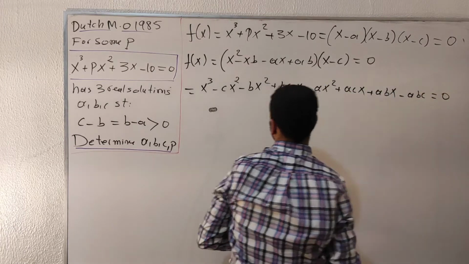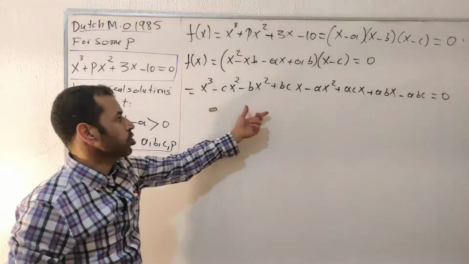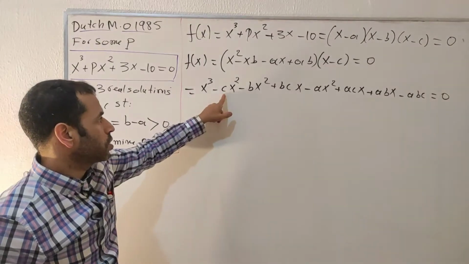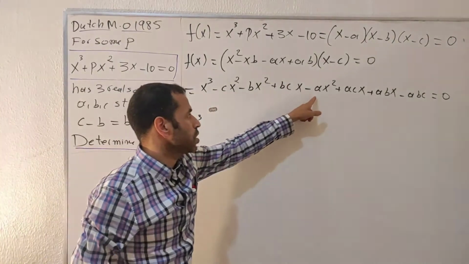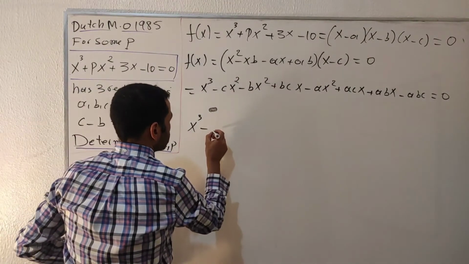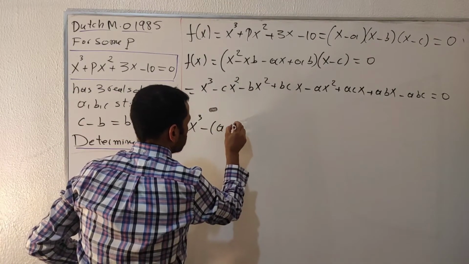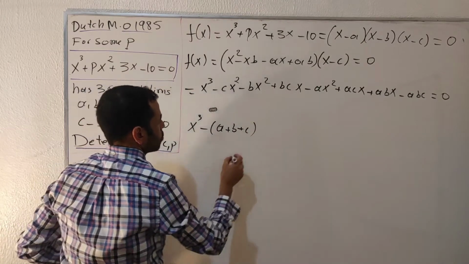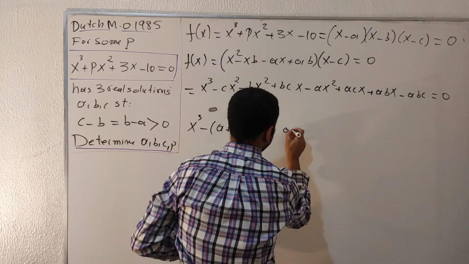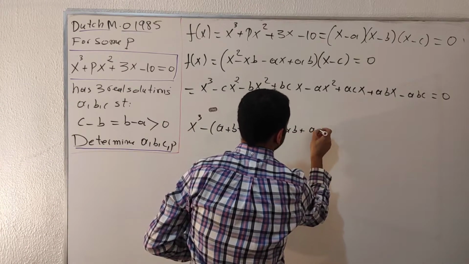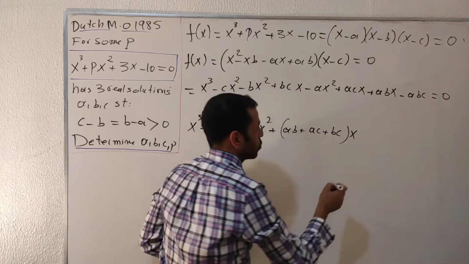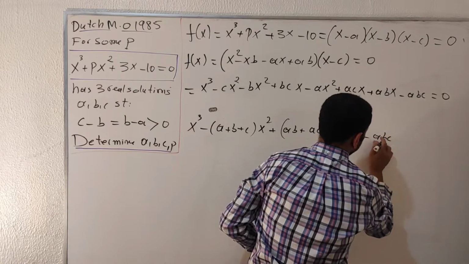The entire thing equals 0. I'm going to collect the coefficients, so I get x cubed, then minus c minus b minus a as the coefficient of x squared, which is minus (a plus b plus c) multiplied by x squared, then plus (ab plus ac plus bc) multiplied by x, plus the last term, minus abc, equals 0.